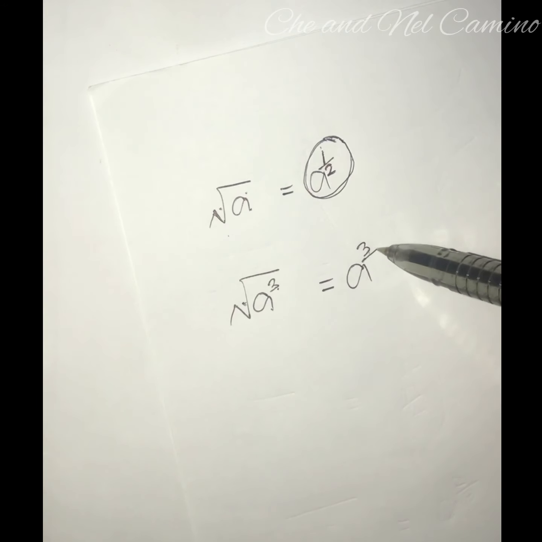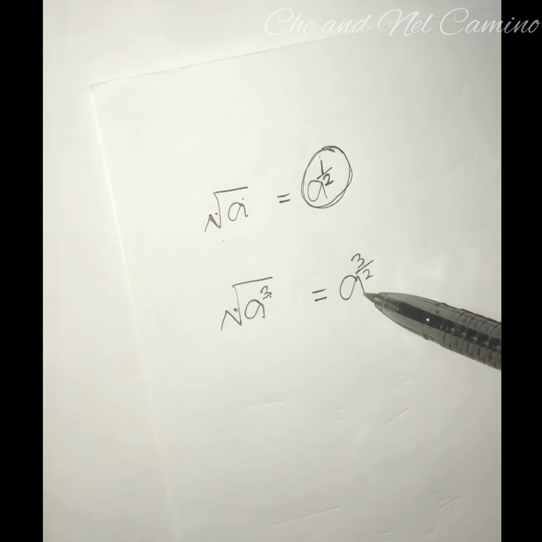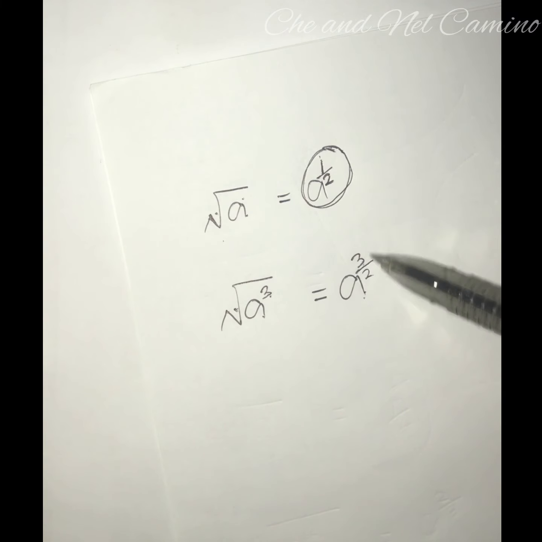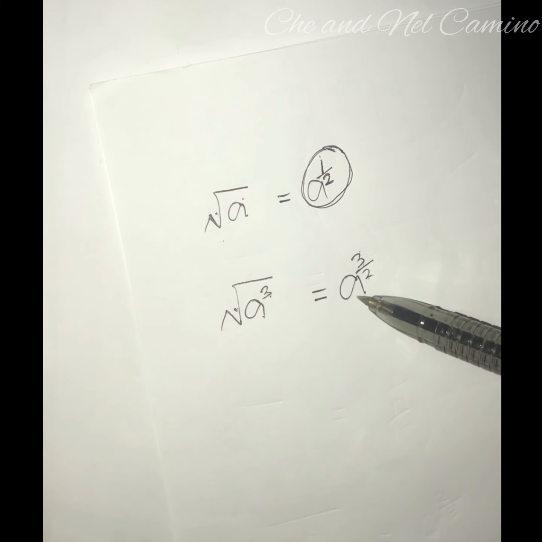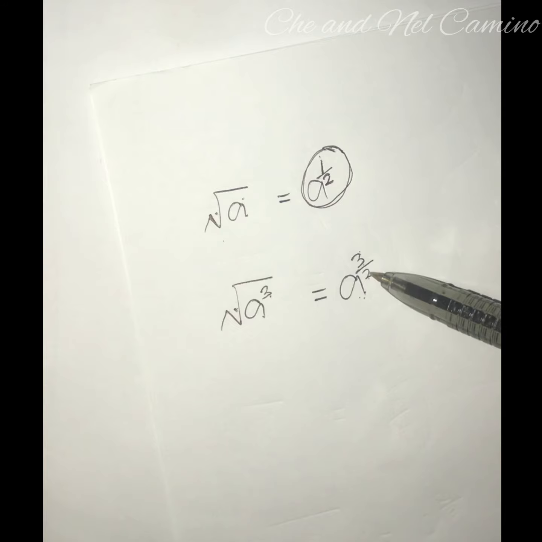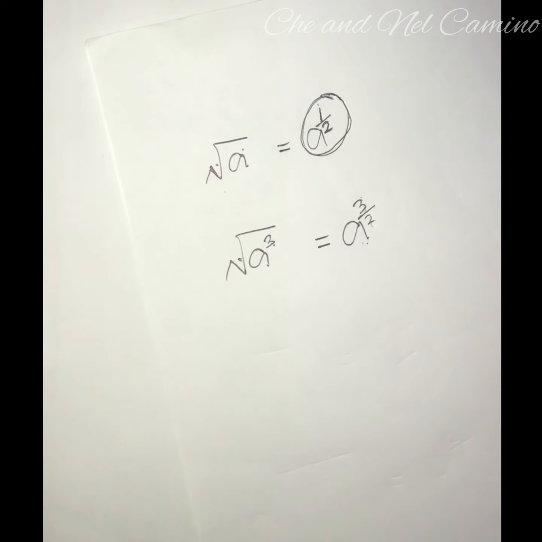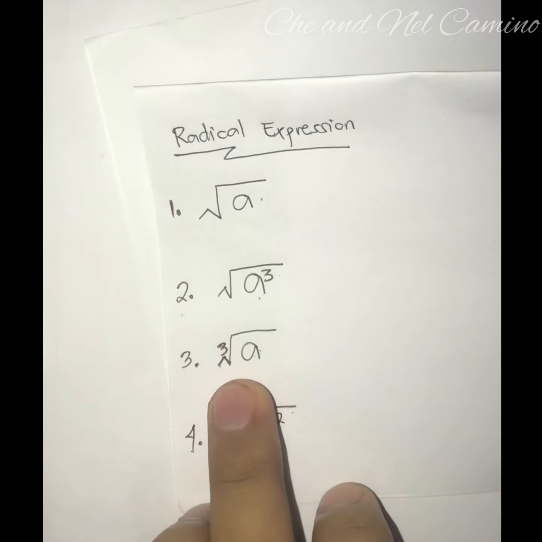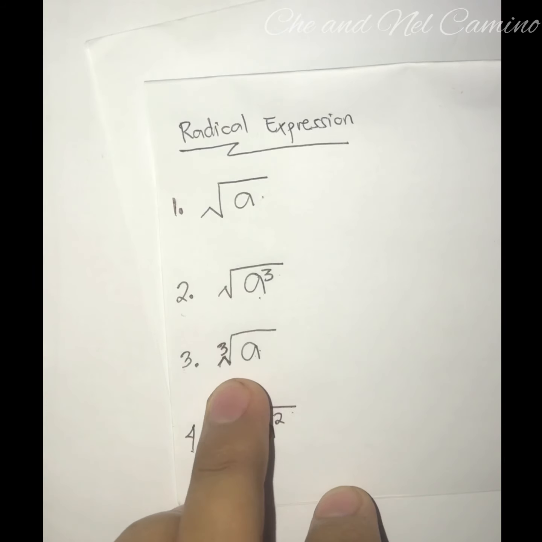So we will write that here 2. So our exponential expression is a to the power of 3 halves, or a to the power of 3 all over 2.